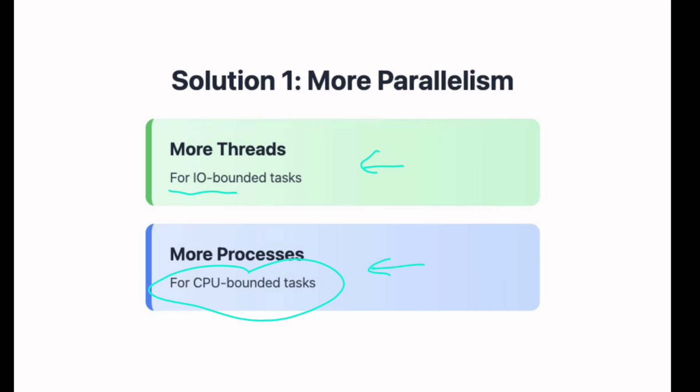If you use multiprocessing, then each process has its own Python interpreter and they don't share memory. Each process can run on a different CPU core, achieving true parallel computation. So after you've done the profiling, you'll be able to tell whether your application is I/O bounded or CPU bounded and add the corresponding parallelism.